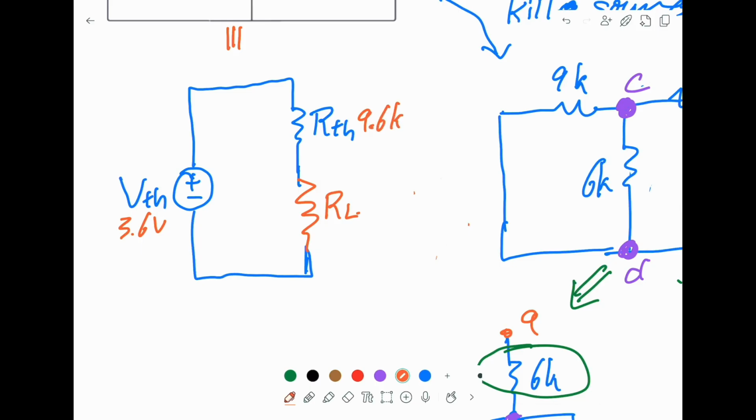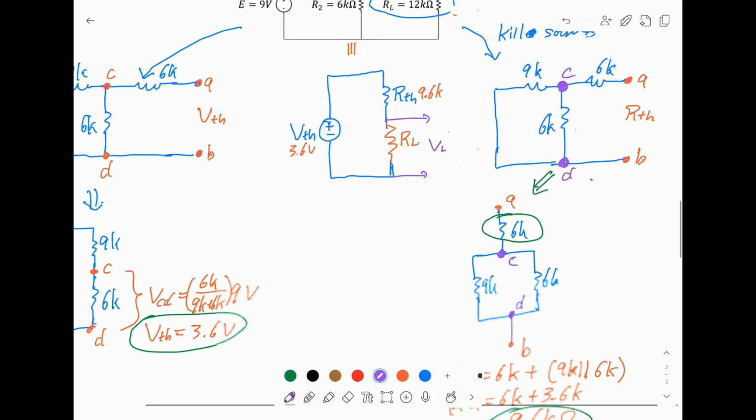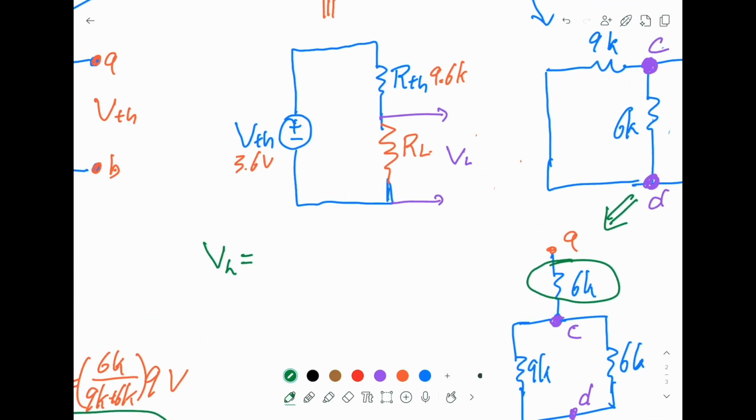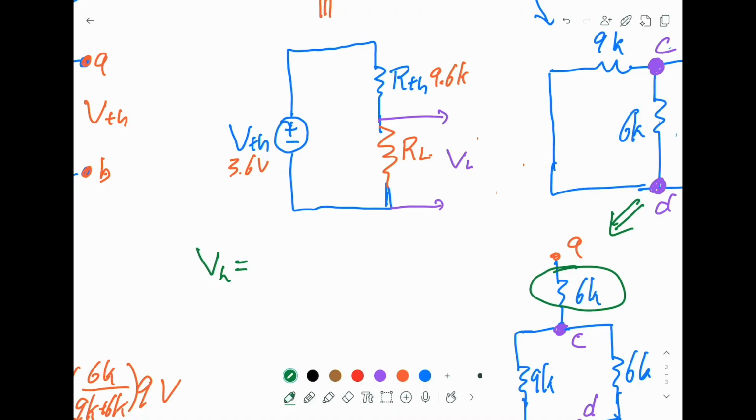So now we can calculate what is the voltage across RL. It's easy because we can immediately recognize this is again the potential divider. So VL is proportional to, now this time it's not 9 volt, we are talking about this circuit. So the source, instead of 9, becomes 3.6.